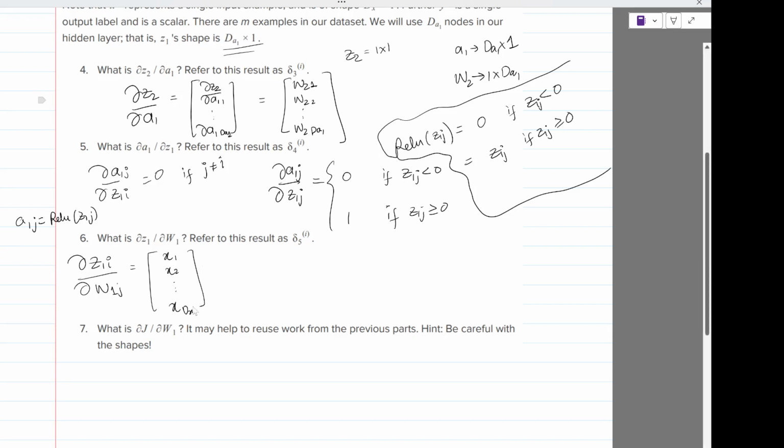This is what you'll get. So j is the row, I guess. J is the da1th row. With respect to each row, you will get one vector.